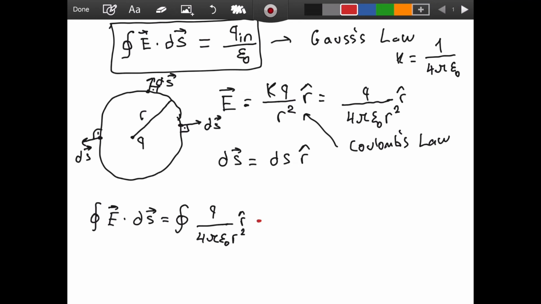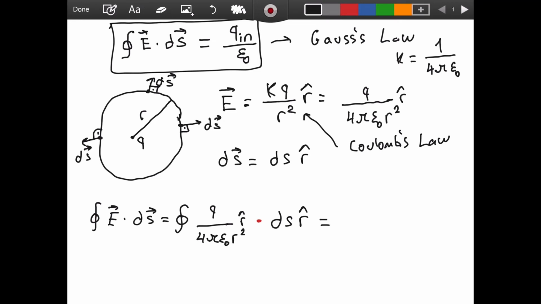And now, this is important, that's why I'm writing in red. We have a dot product, which I went over in an old video, and you can watch it if you would like. We are dotting it with ds r hat. When you have a dot product of two vectors, you multiply their magnitudes, and then multiply that product with the cosine of the angle between the two vectors, and the result of a dot product gives you a scalar.